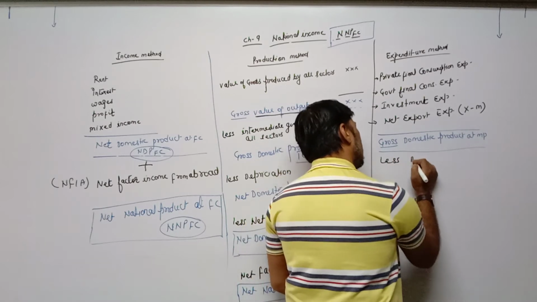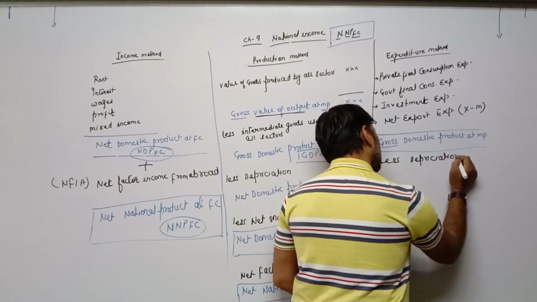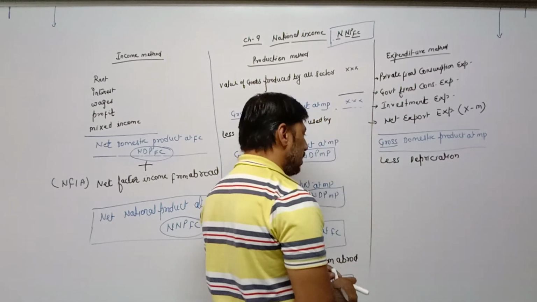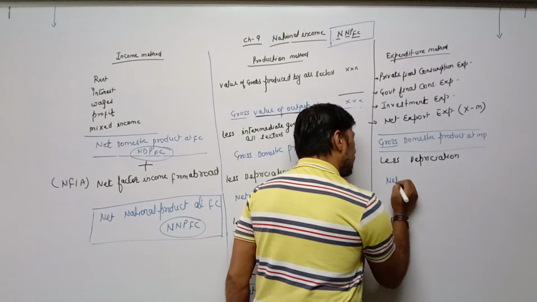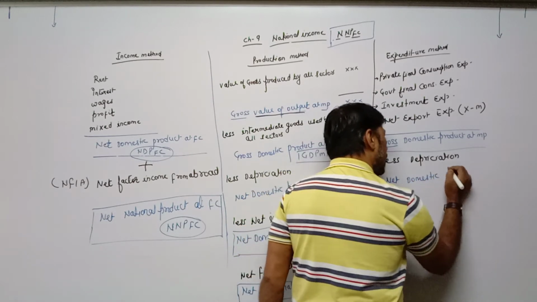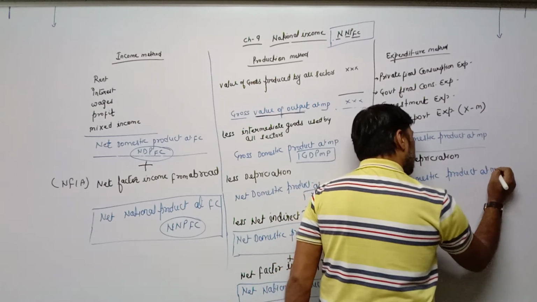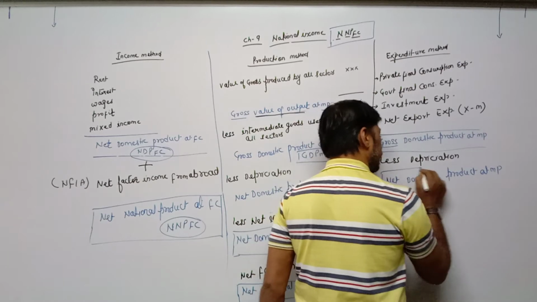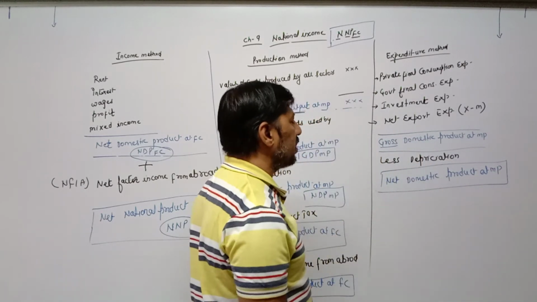After deducting depreciation, gross is converted into net domestic product at market price. Net domestic product at market price.